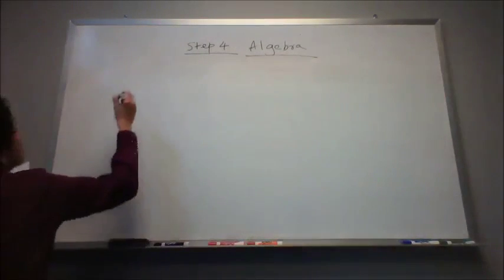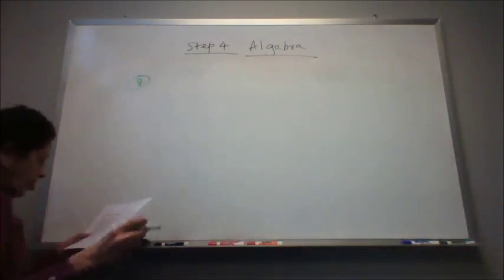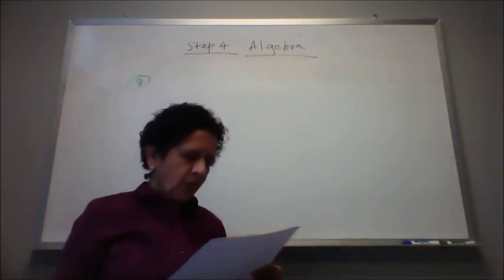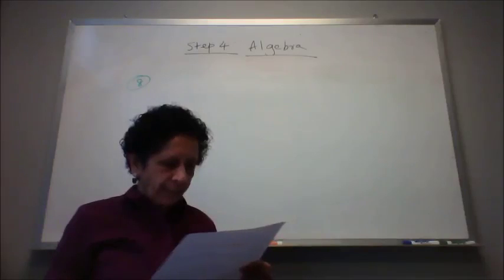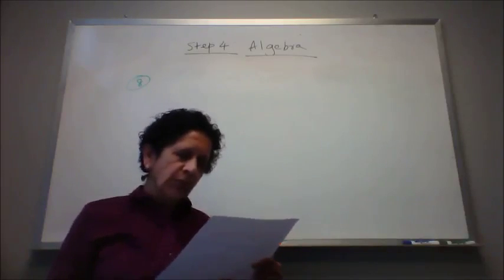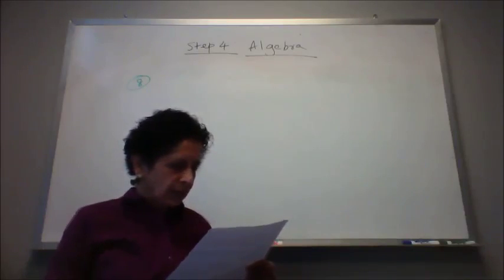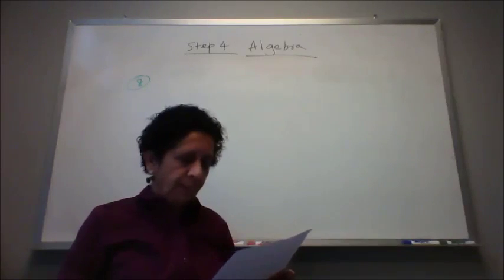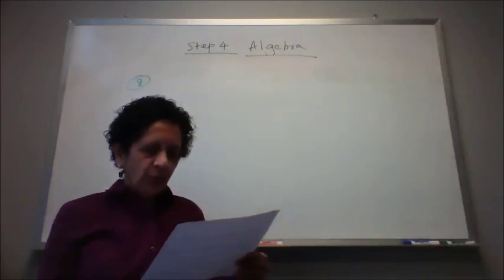Problem number 8 says: Adam has 6C books for every book that Bob has, and Kathy has 8D books, which is 20 more than Bob has. How many books does Adam have? First let's look at Kathy.